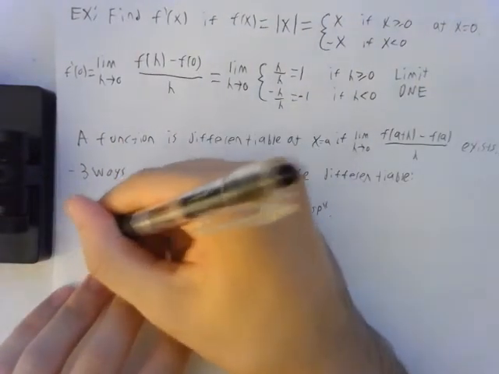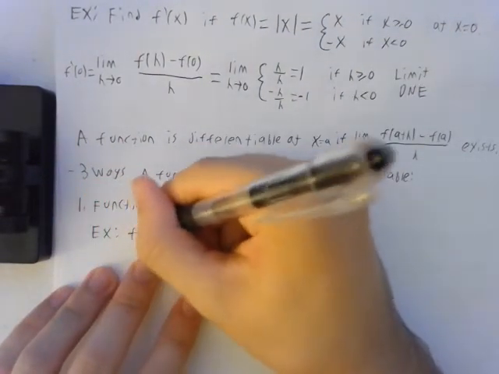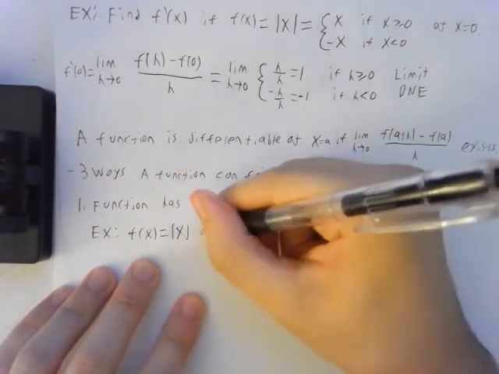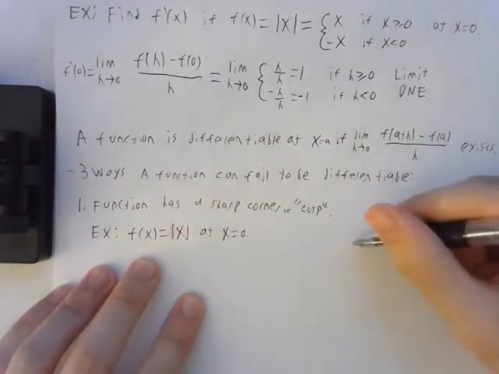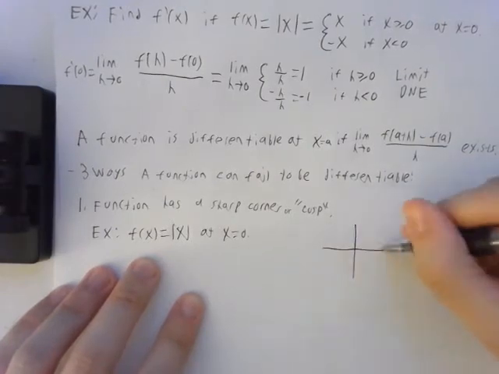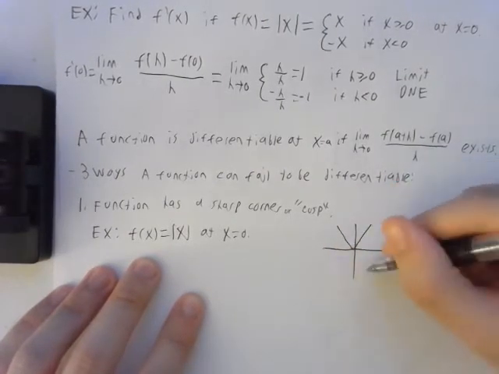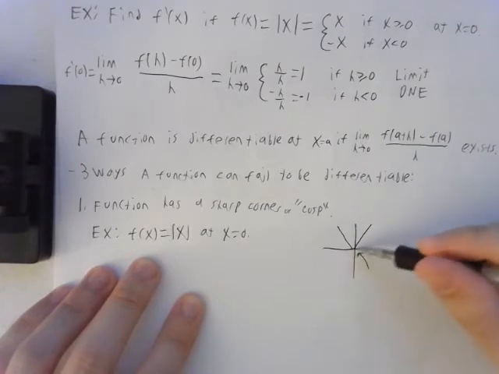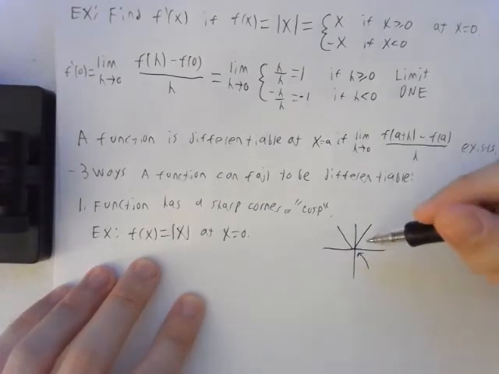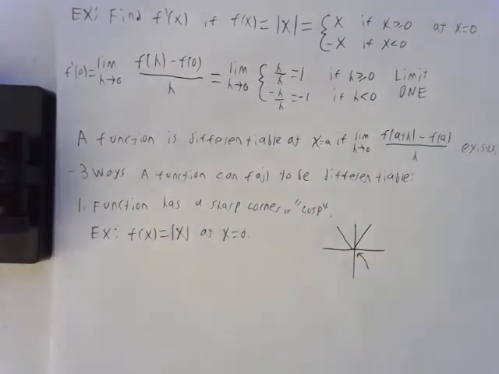So an example of a function like this is f of x equals absolute value of x at x equals 0. So if you plot that function, it looks something like this, and we can see at this point 0, there's a sharp change in the direction the graph is going, so that sort of corner indicates the function is not going to be differentiable.